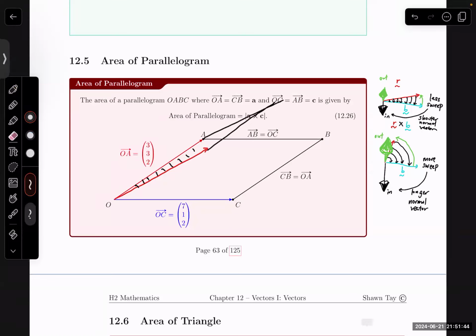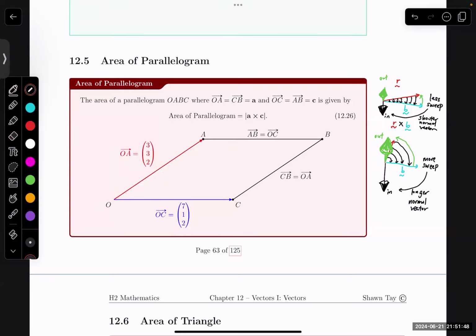Now when I sweep a little bit more, so I've swept this angle, what I get is this parallelogram.